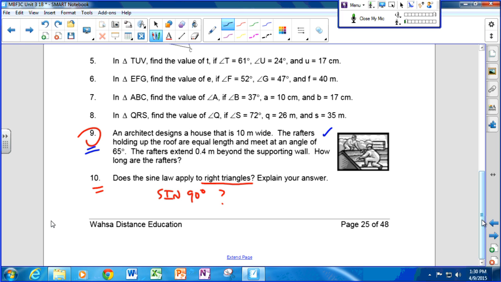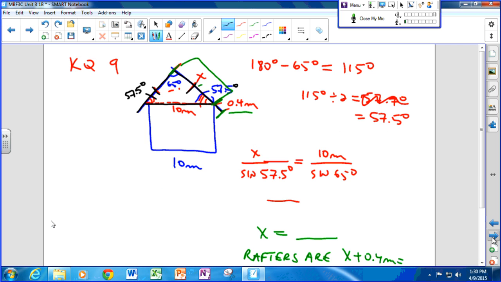And here you go, there's another one. Does the sine law apply to right triangles? I suggested as a little hint that you try checking the sine of 90 degrees and see what happens there. Yeah, that's the rafter question.